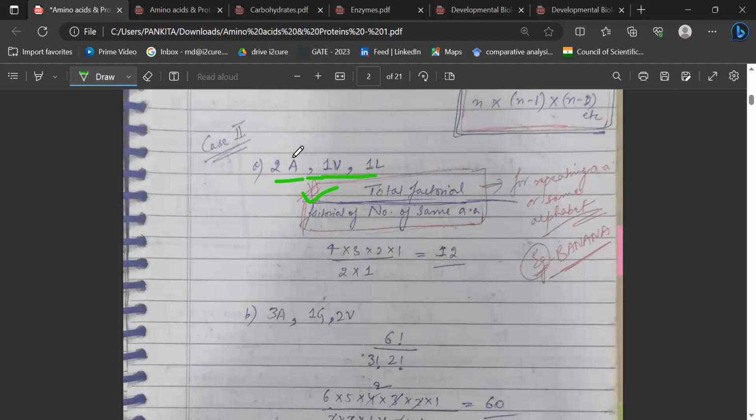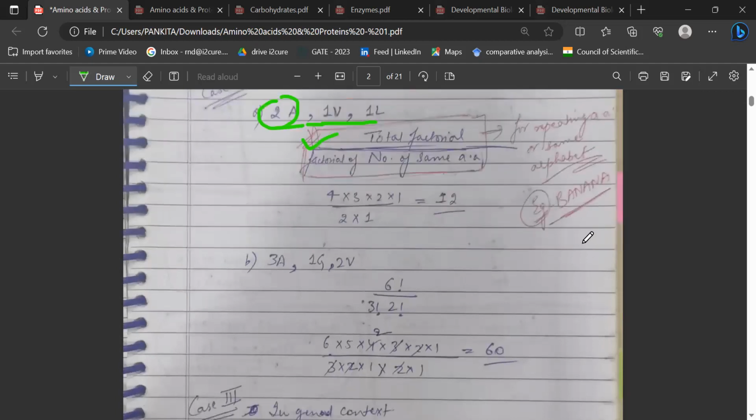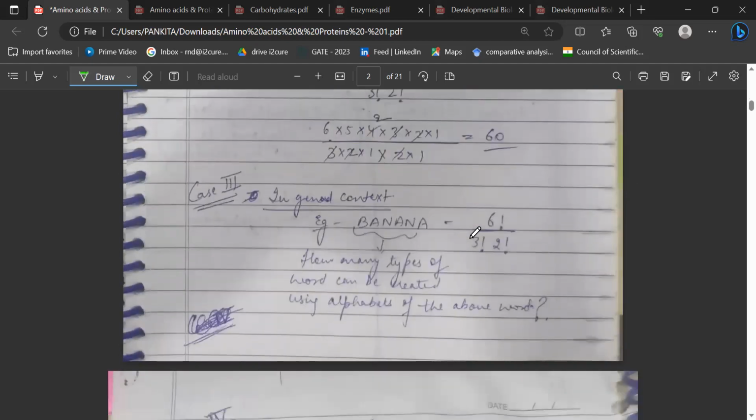So total factorial will be 4 into 3 into 2 into 1, and we have 2 same amino acids, so that will be divided by 2 into 1 and we'll get the answer. Same goes for any kind of aptitude question, so we can use the same formula for calculating the number of combinations that can be formed.